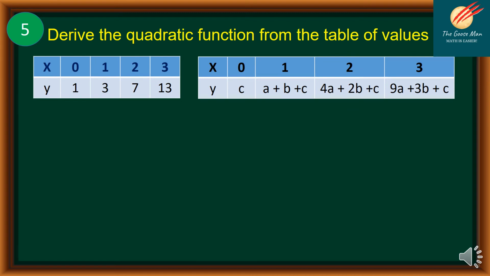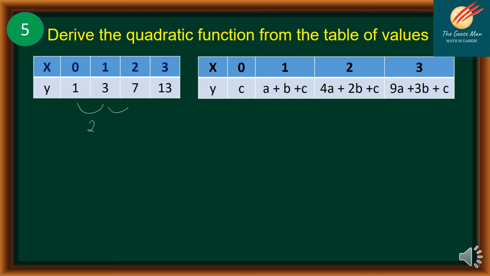Now to summarize the tables that we got a while ago, this is the original table. And then we will move on now to the right table. Okay, if we substitute the values of x from 0 until 3 into the quadratic equation, again, like what we have done in the previous example, what we're going to do is get the difference between these numbers. So we have the difference between 1 and 3 is 2.